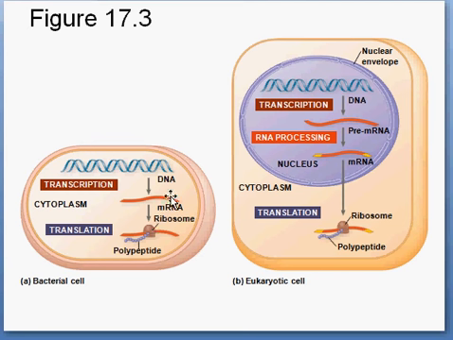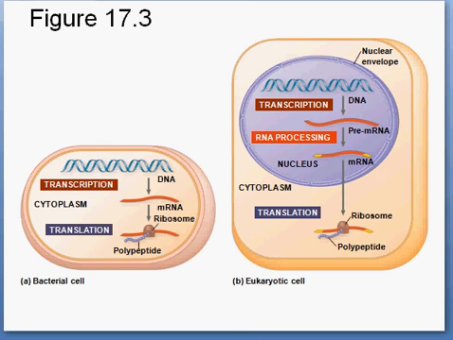But in a eukaryotic cell, we have all of our transcription occurring within the nucleus. And what is first transcribed is really what we would call a pre-messenger RNA. It is not yet ready to do translation. It needs to be processed before it even leaves the nucleus and begins the process of translation.